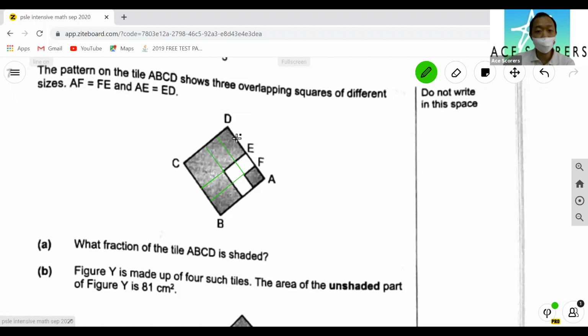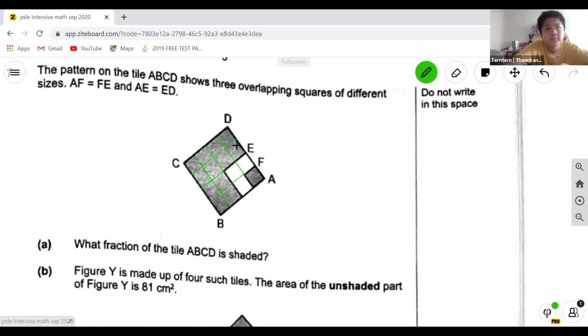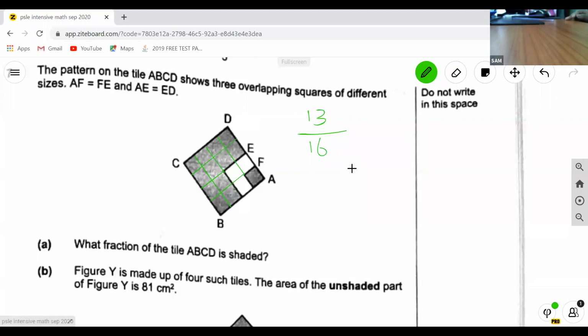When you cut it like that, there should be another line going down, and another one going here. Altogether, how many are shaded? This is a 4x4, so in total there are 16 squares. Oh wait, 3 are unshaded. So 13 are shaded, 13 over 16.